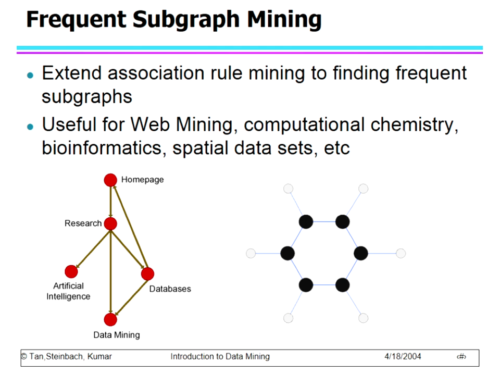Let's move now to another type of pattern mining, but here we will use graphs. We want to extract frequent subgraphs, and here we have to extend association rule mining to finding frequent subgraphs.